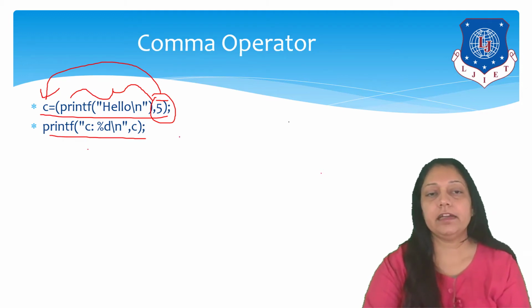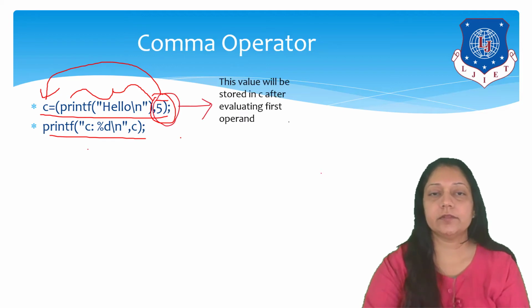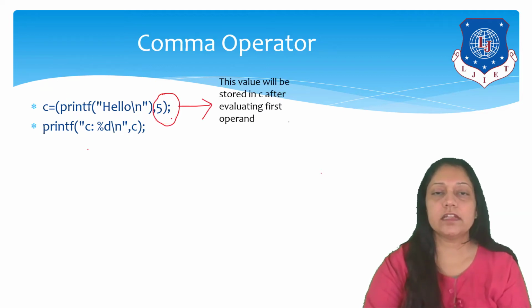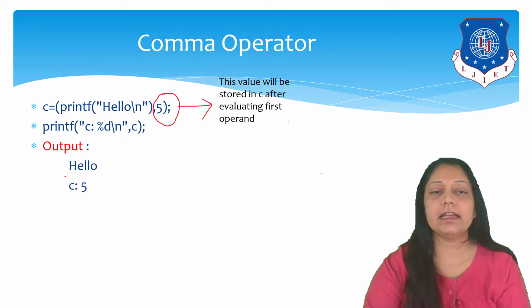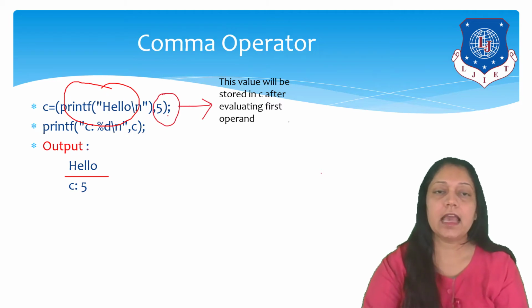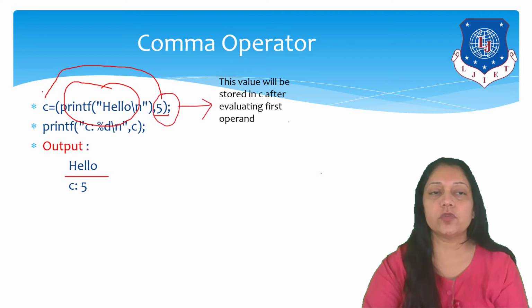Then I've written a printf statement for c. So the value 5 would be stored in c after evaluating the first operand. The output we'll get is hello because of the first part, which is executed, and then the second part is executed, that is 5 which is stored in c, and then the value of c is printed. So I'll get c colon 5.